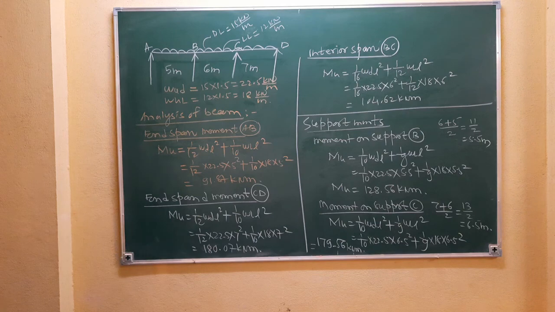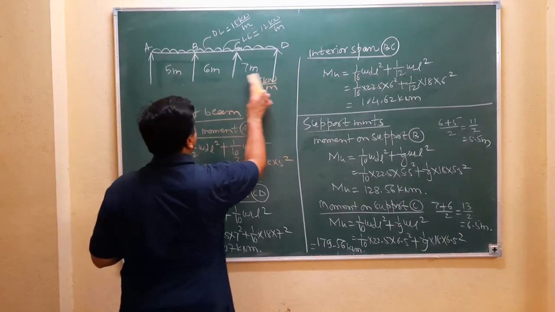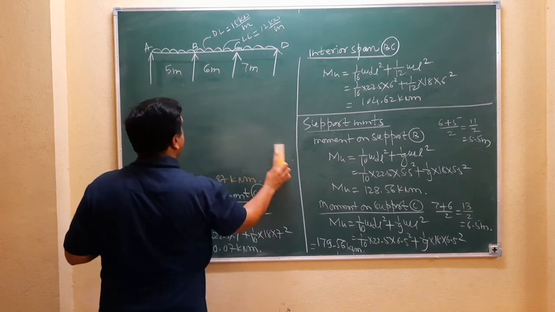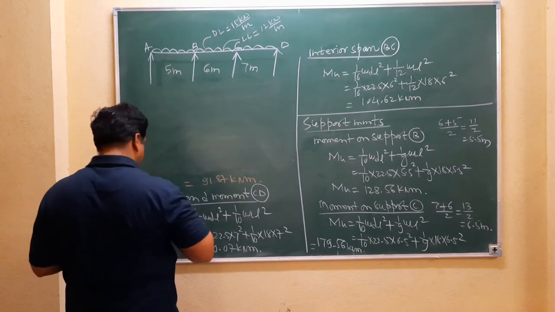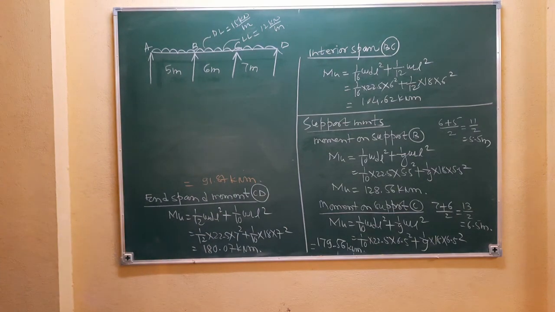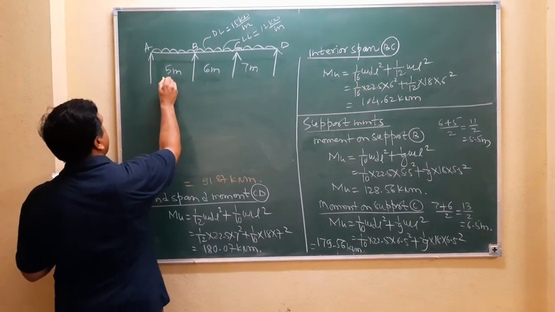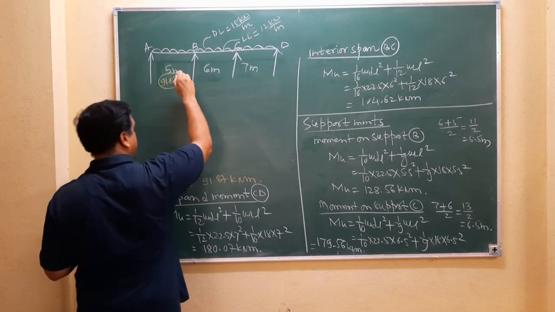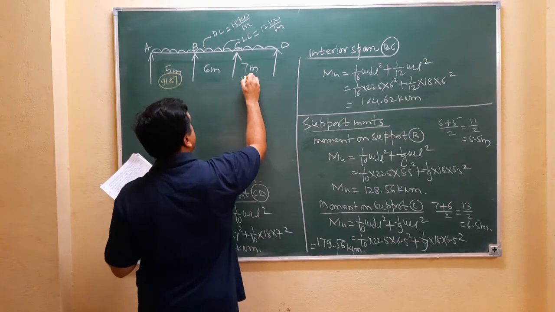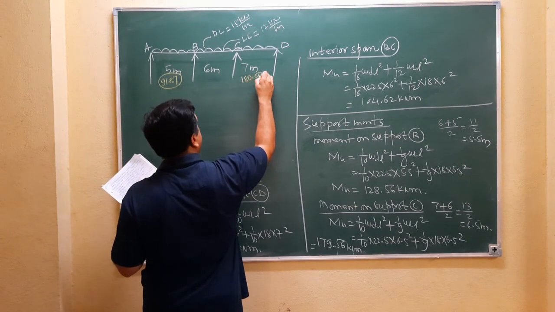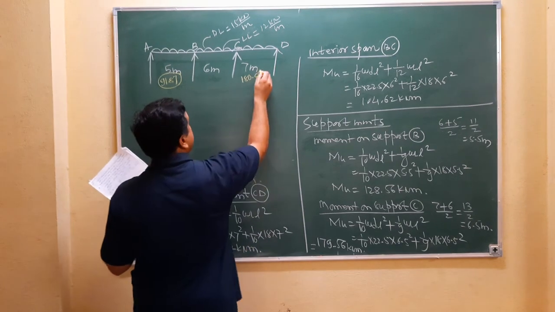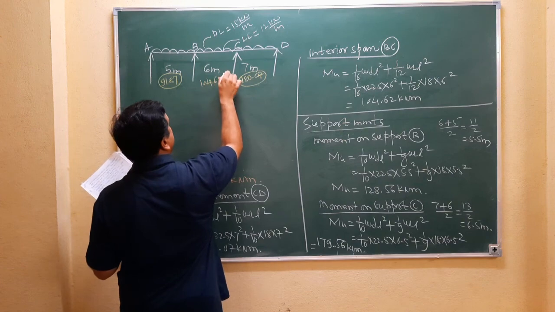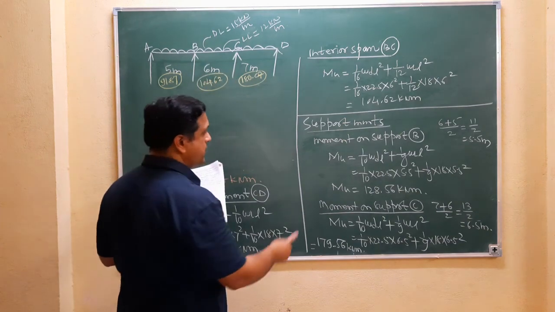Is it clear? So now you have to put all these bending moments at the particular location. 91.87 is the bending moment at end span. 180.07 is the bending moment at CD. 104.62 is the bending moment at BC.